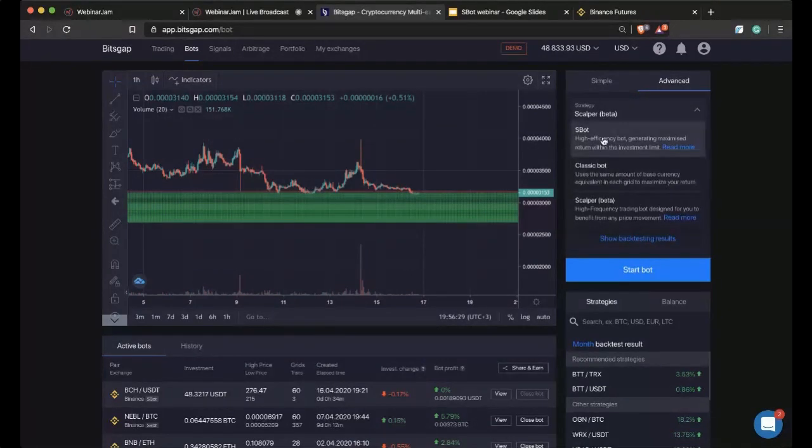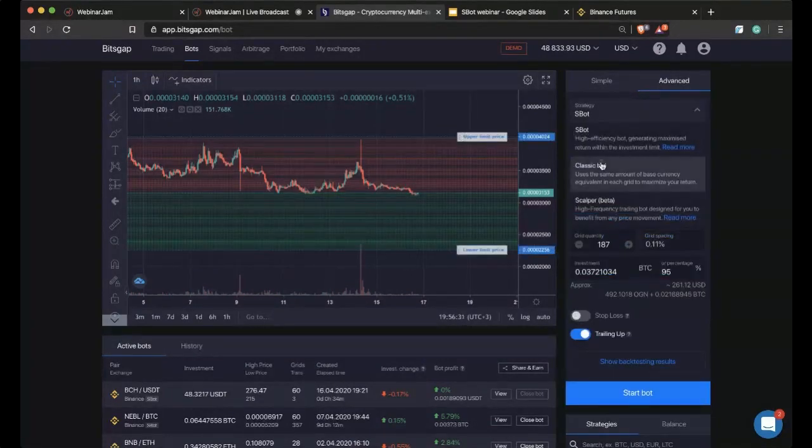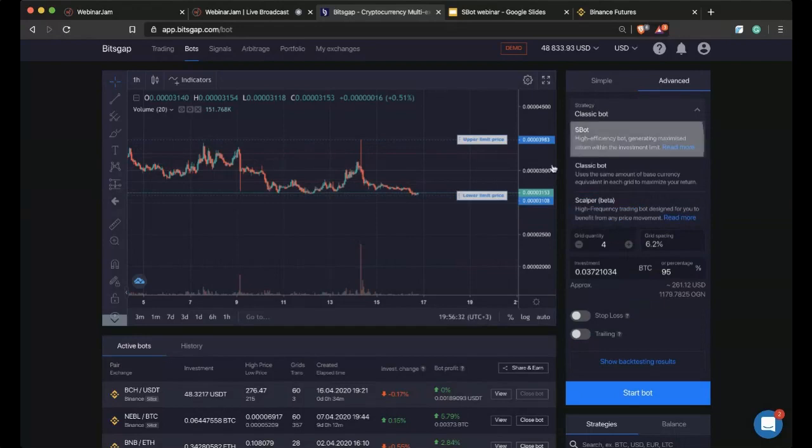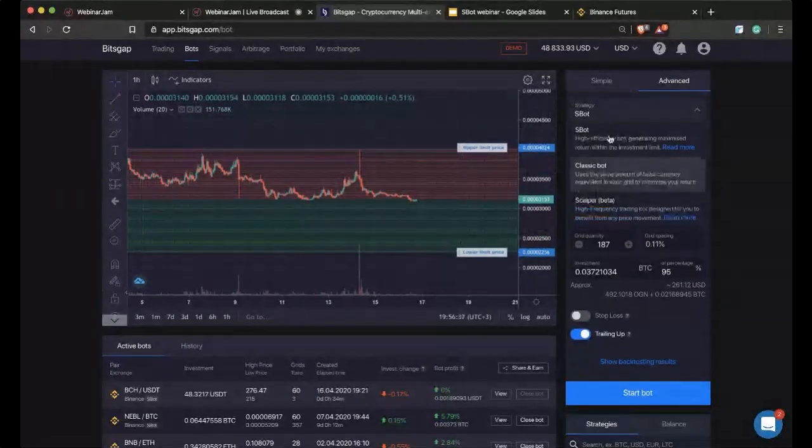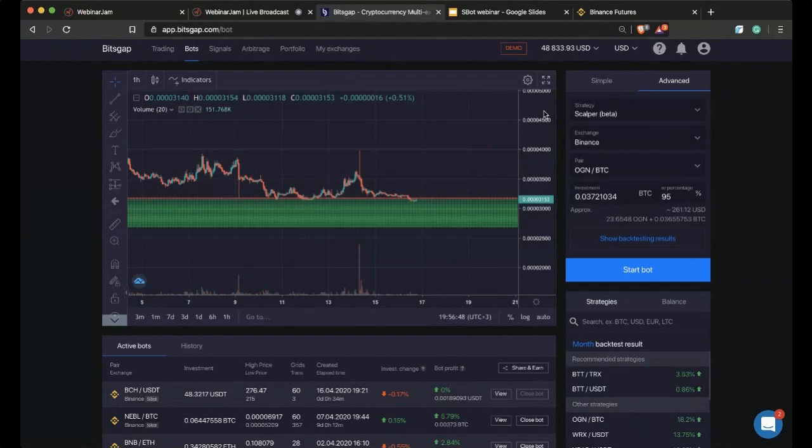But today in this webinar, I will mostly focus on the SBot and the classic bot because I mostly use them. And the scalper, as you can see, is currently at the beta stage, so we are still testing it. And it would be great, guys, if you would also test it, the scalper, and share your ideas regarding the possible improvement or whatever can be done, maybe some useful use cases.